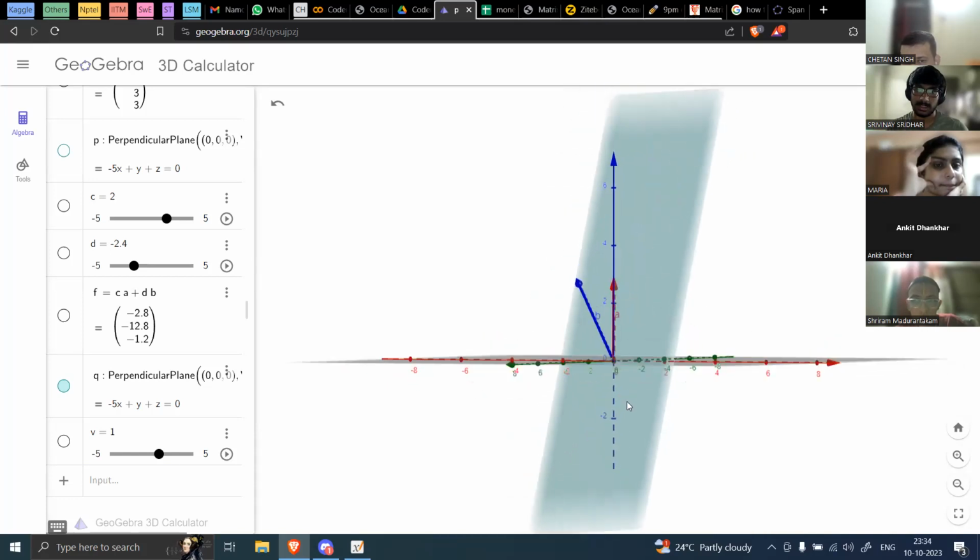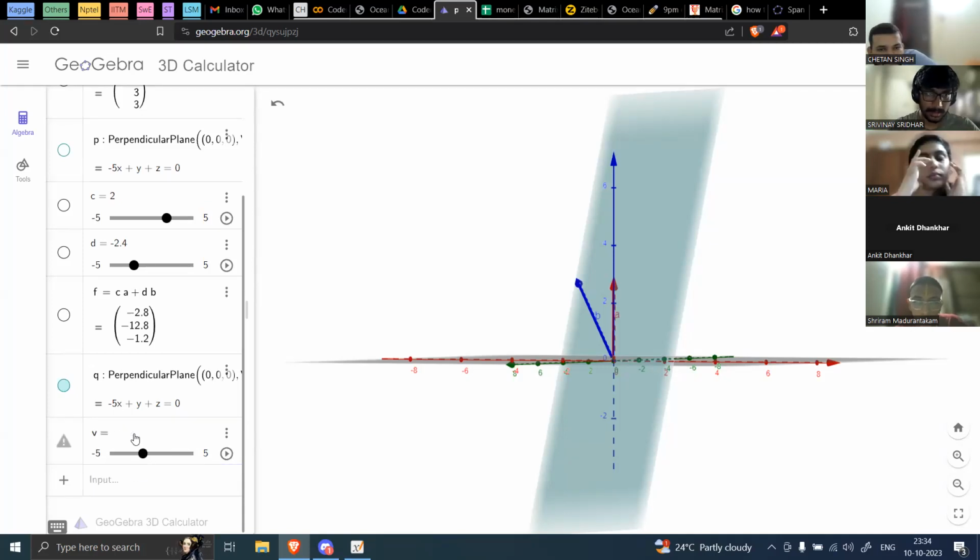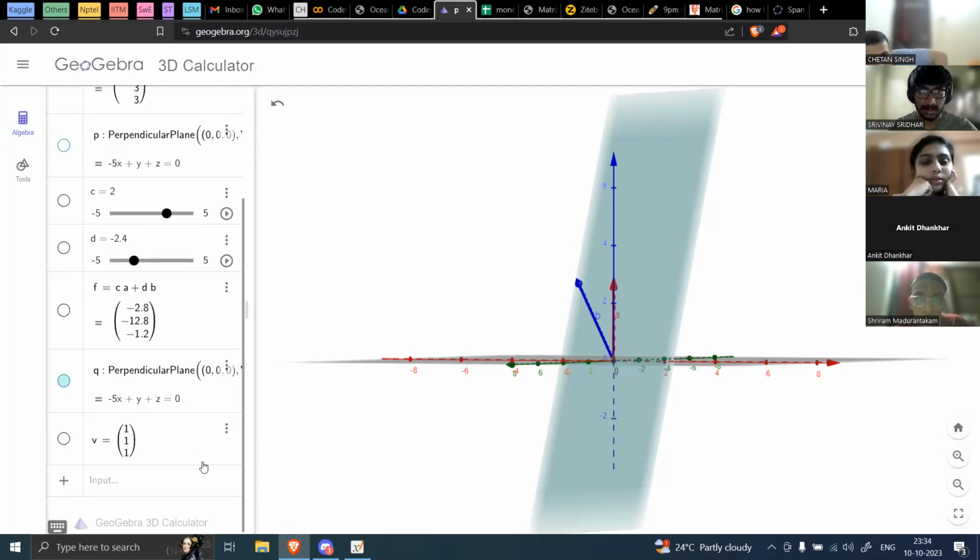So let us try to find such a vector. Let me initialize a vector v, 1 comma 1 comma 1, right? And actually, I had a small doubt.